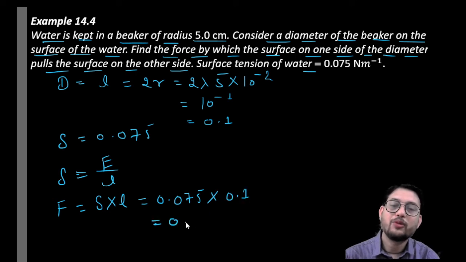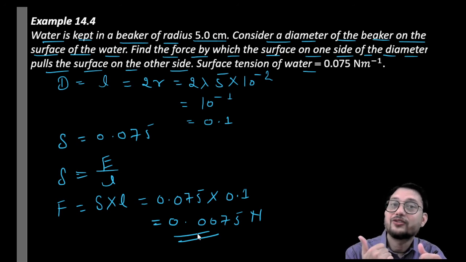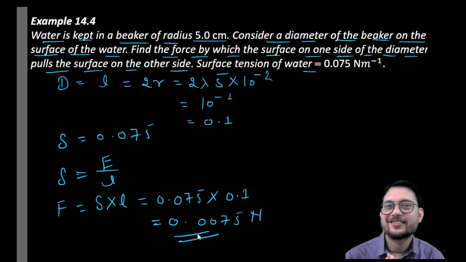So it will be 0.0075 Newton. This is the amount of force which is applied by one side of the surface of the fluid to attract the other side, and the same amount of force will be applied on the other side as well. So this is quite an easy question. I believe this question is clear to all of you.